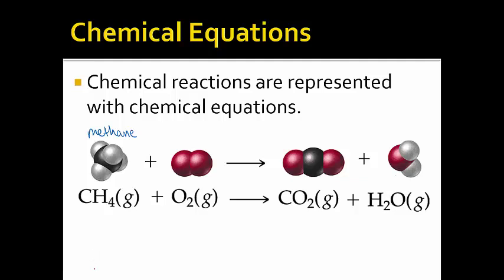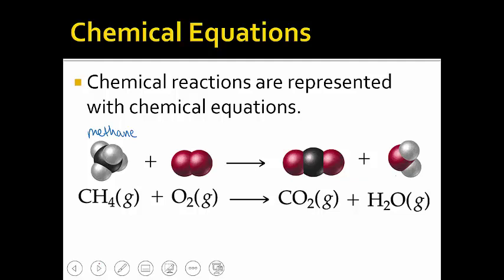So methane is CH4, it's a gas. It reacts with oxygen, which is a gas, forms carbon dioxide, which is a gas, and also water. And because this reaction produces a lot of energy, the water is also in the gaseous state in this reaction because it's so hot that it gets vaporized.